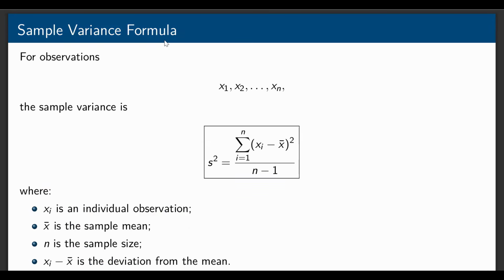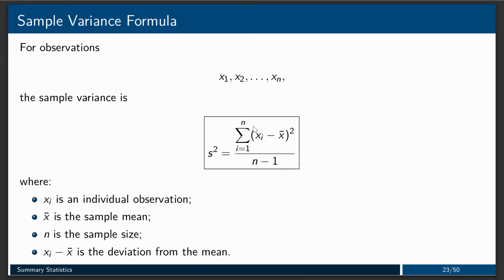So, the sample variance formula: for any observations x1, x2, all the way to xn, the sample variance is s squared equals the summation of (xi minus x bar) squared, all over n minus 1. In defining the variables, xi is an individual observation, x bar is the sample mean, n is the sample size, and xi minus x bar is the deviation from the mean.